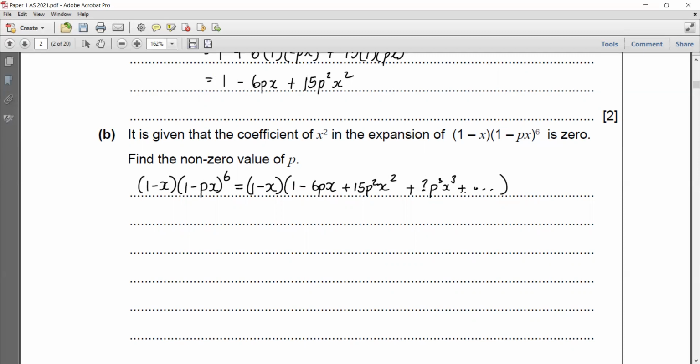So we don't need to know what any of those terms are, because we're only looking for terms that have x squared.